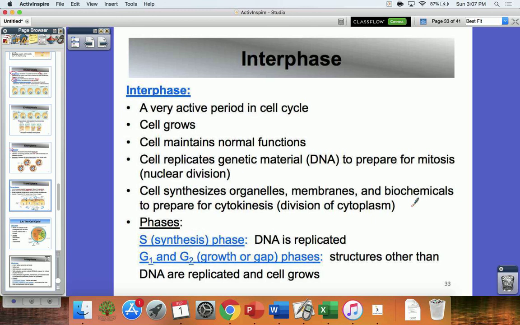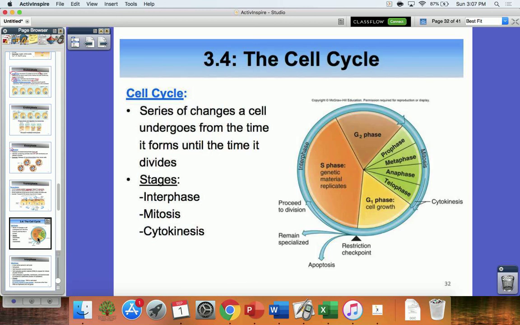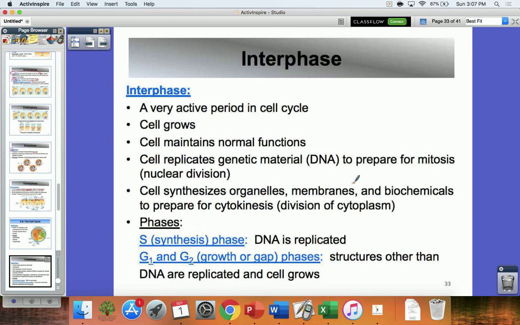So G1, again, is growth. S phase is next. And then our G2 phase. So the phases in order are G1, S, and G2. G1 is growth.